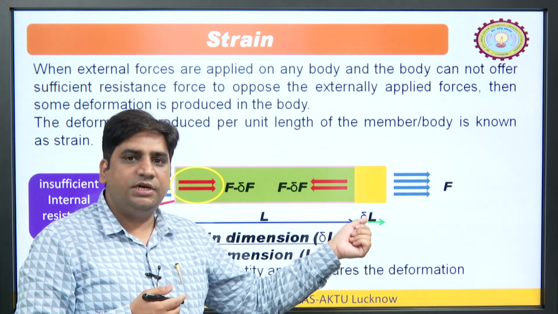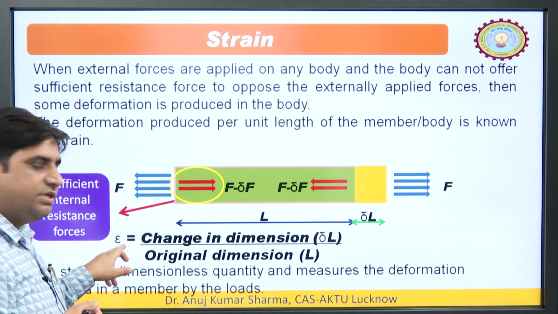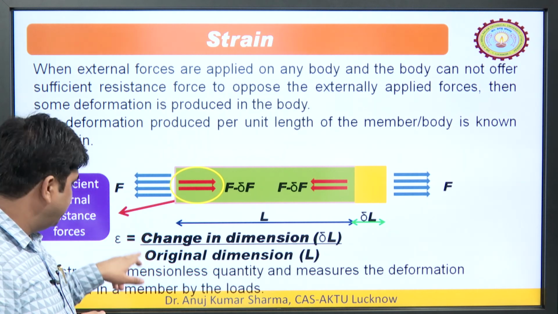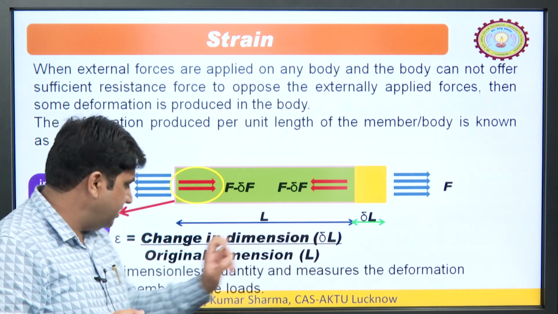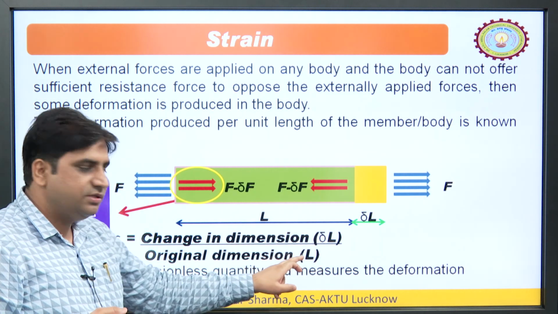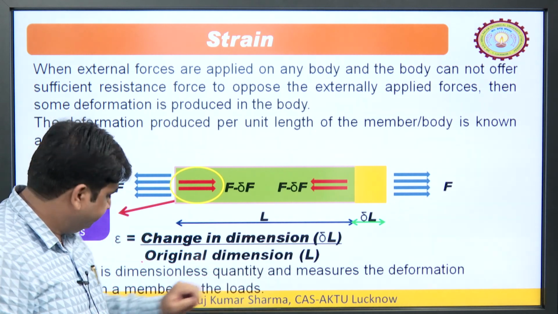Strain is generally represented by epsilon. So, epsilon is equal to the change in dimension, delta L, upon the original dimension, L. This is the strain.